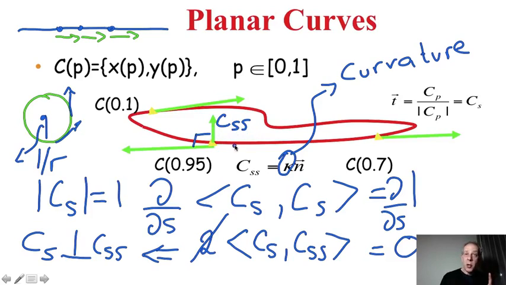And then that second derivative has a norm, basically the magnitude of that vector, and that's curvature. Curvature is the magnitude of the second derivative according to S. S is going to be called the arc length, as we're going to see in a second why. So we have S, the arc length, and we have kappa, the Greek letter kappa, the curvature.